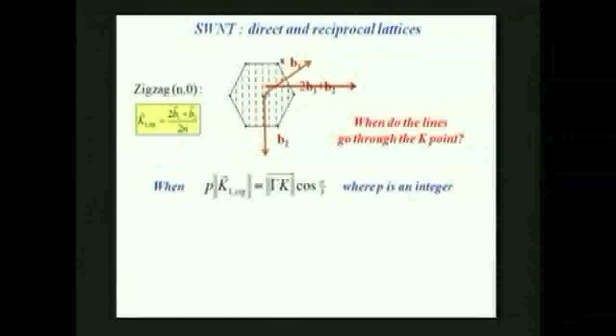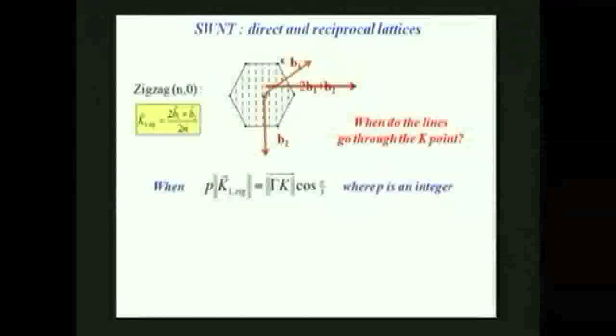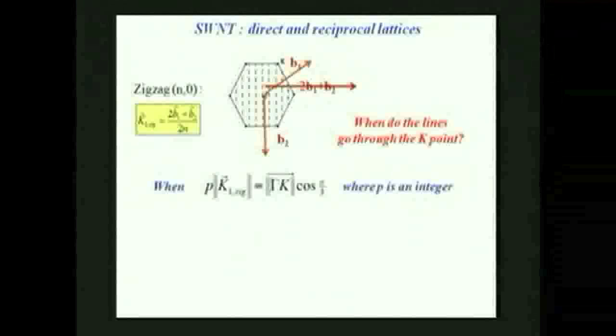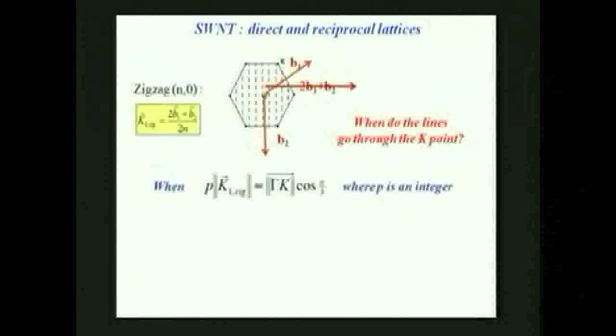This is b1 plus b2 divided by 2, projected here, which means times cosine pi over 3, 60 degrees. So for the values of n which are solutions of this equation, you will have one of these cutting lines going through the K point.